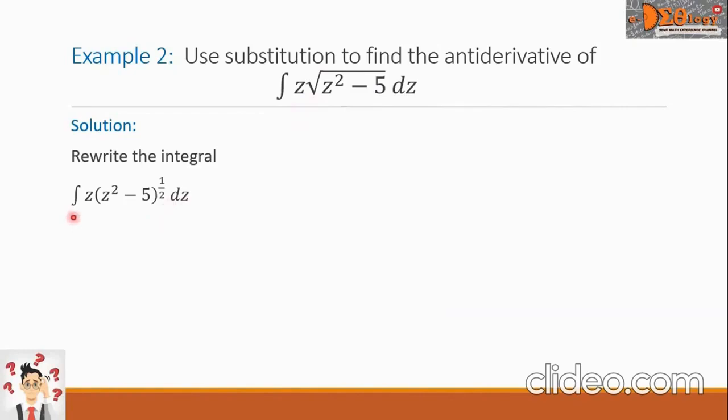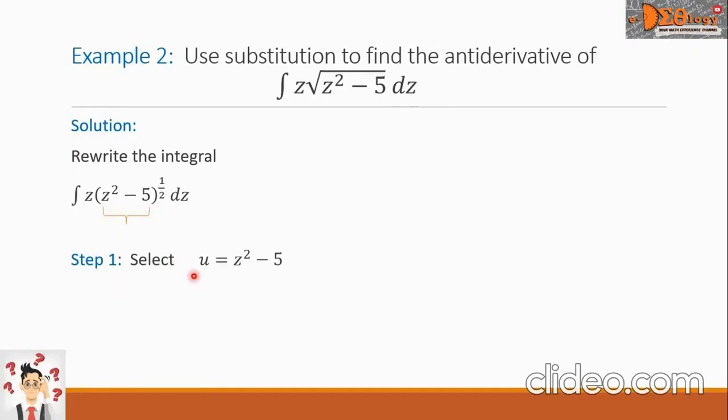So we have now the integral of z times the quantity z squared minus 5 raised to 1/2, then dz. And from here, let us do step 1 to select u. We're going to select the quantity z squared minus 5 as the u.